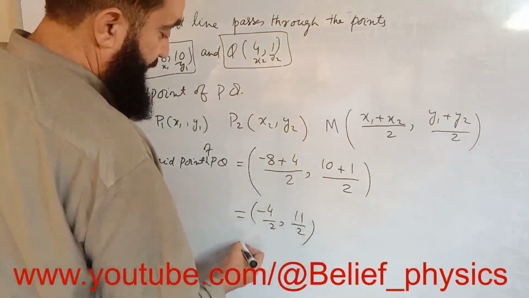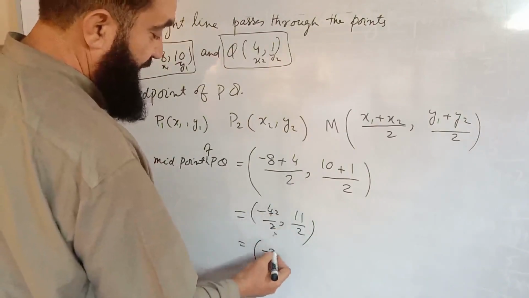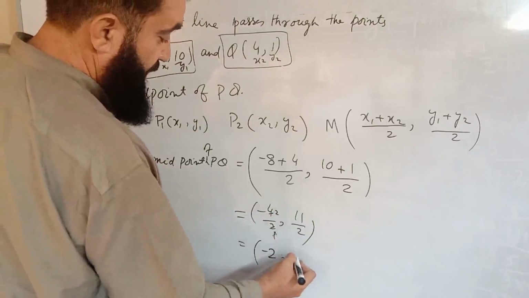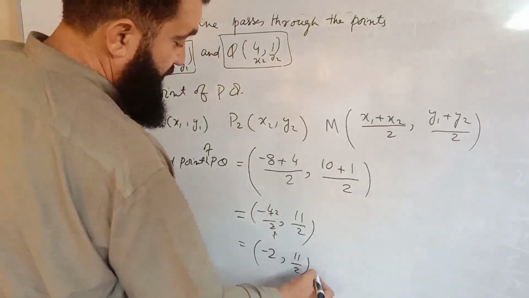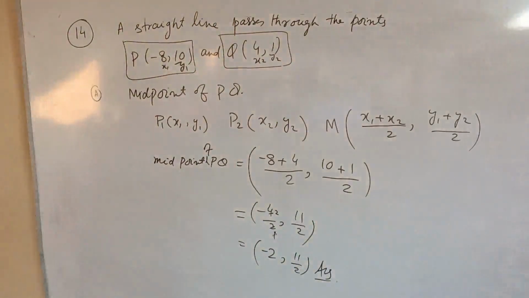You can write it like that. 2 1s are 2, 2 2s are minus 2, comma 11 over 2. So this is the answer. This is the midpoint of PQ. So the midpoint of PQ is minus 2, comma 11 over 2. You can write 11 over 2 as 5.5.